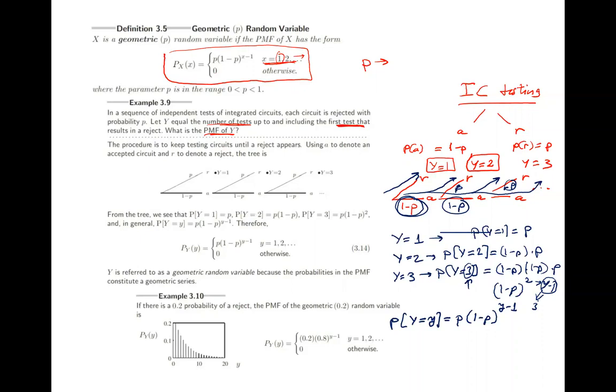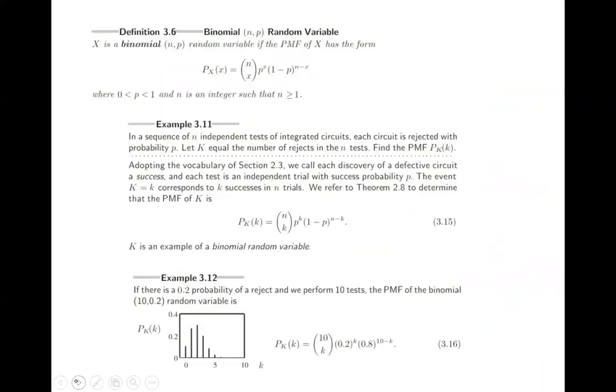So this experiment and this random variable is a geometric random variable. We have one more example here. For the PMF, you see we plot P_Y of y. You can use MATLAB or calculation to draw the PMF.